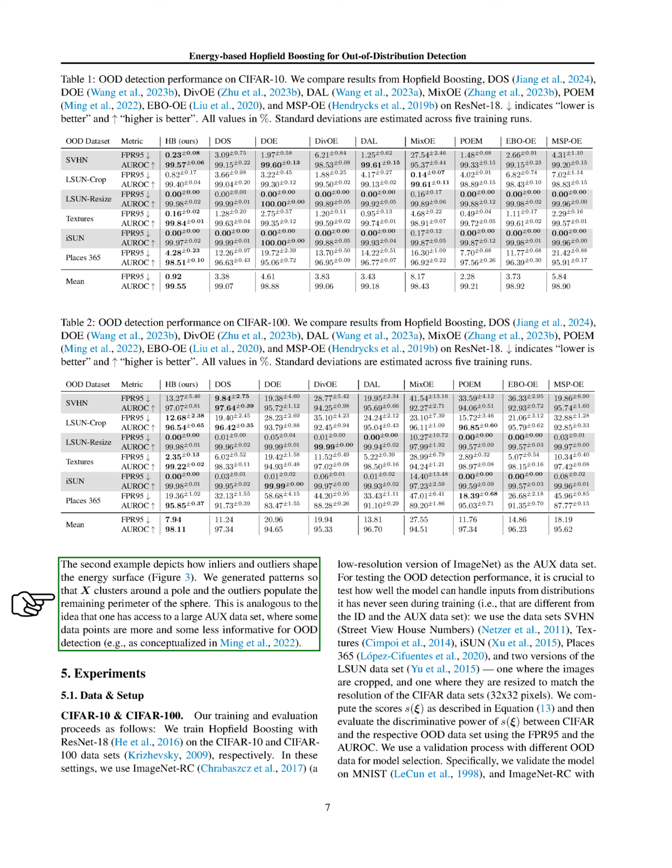We compared Hopfield Boosting to 8 other OE methods, including MSP-OE, EBO-OE, POEM, Mixture-OE, DAL, DivOE, DOE, and DOS. Our experiments showed that OE methods generally outperform non-OE methods in OOD detection, which was consistent with previous findings.